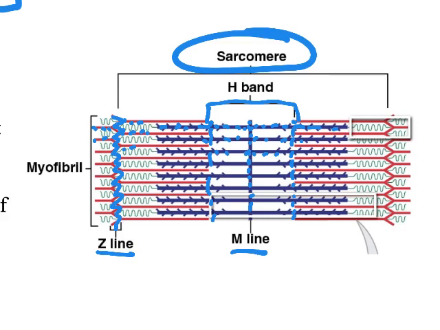It looks less congested, it looks lighter in color. So it's the area where there are only thick filaments. Here you can see on the purple line, if you look, for example, right next to it, you can see that this has red and purple, red and purple, red and purple. So that's not the H-band. The H-band has only the purple lines, which represent the thick filaments.